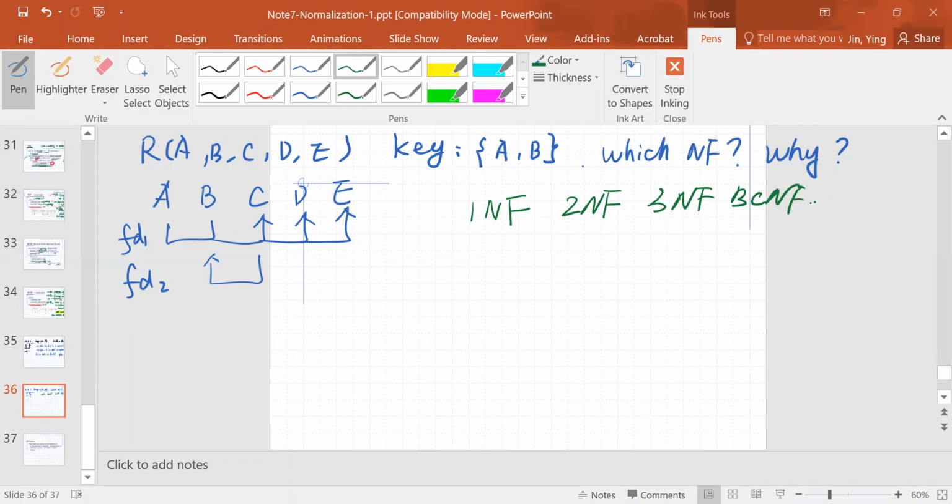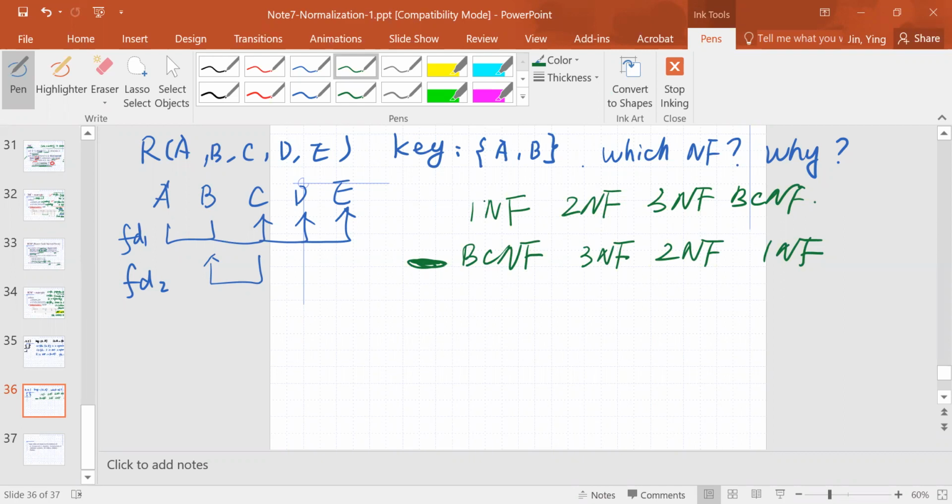Another way is you start with BCNF. If it's already in BCNF, you're done. If not, you move on to third, then to second, and to first. Either way is fine. I suggest you do this because BCNF is very easy to check.